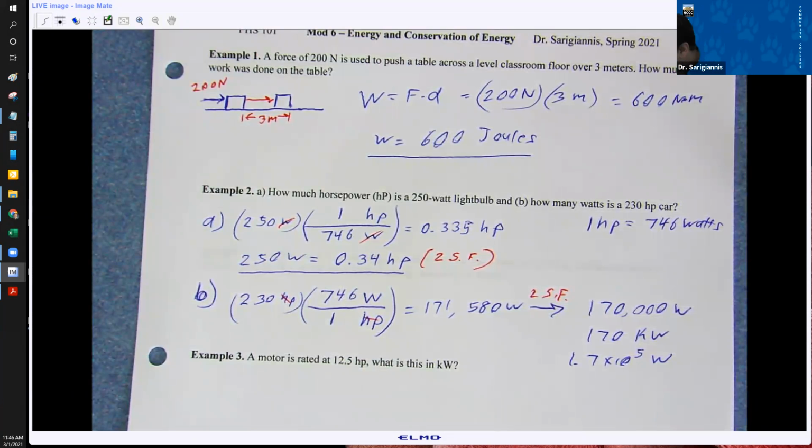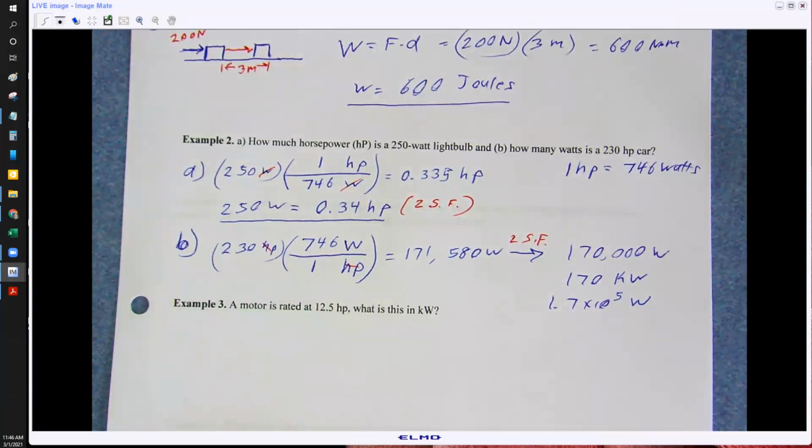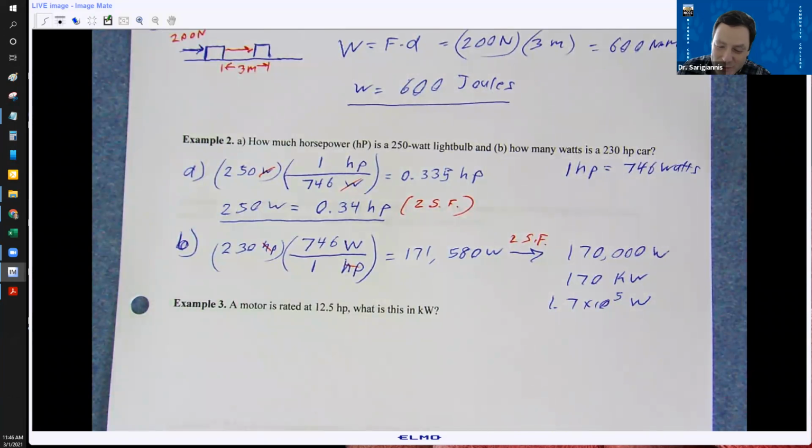All right. So any questions about these 2 examples? It sounds funny, but in Europe they start to produce the car and measure horsepower in watts.